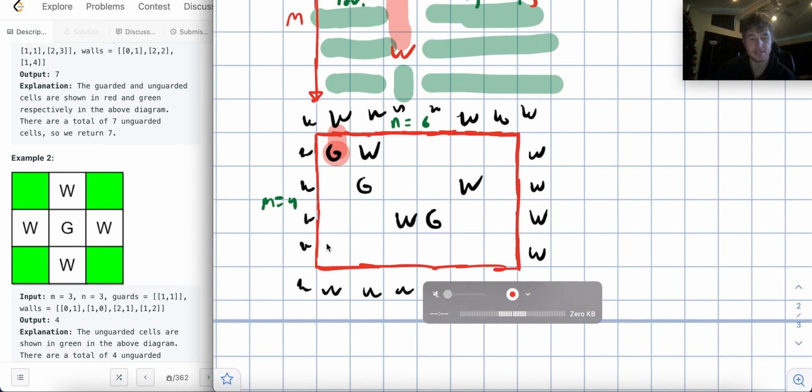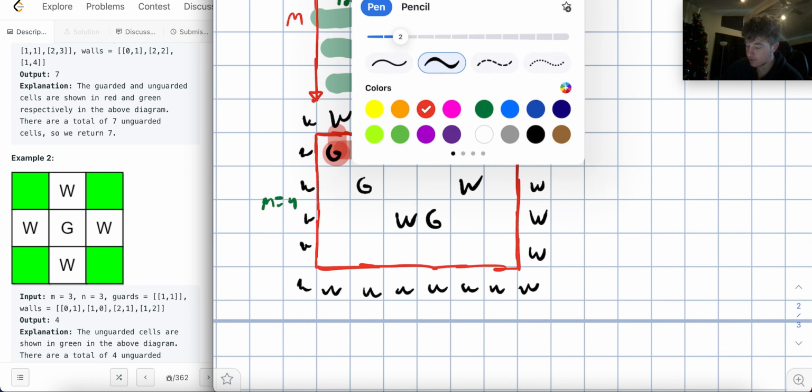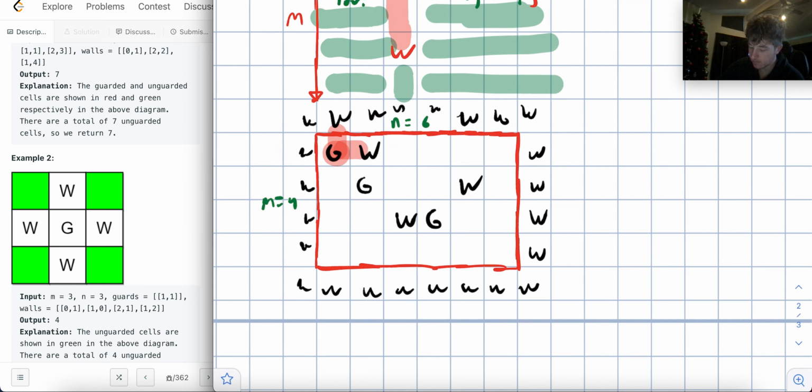There's nothing above that I can see because there's just a wall there. Can't see anything here either because there's a wall there. You can think of these cells literally as being extensions of this. So these are walls.